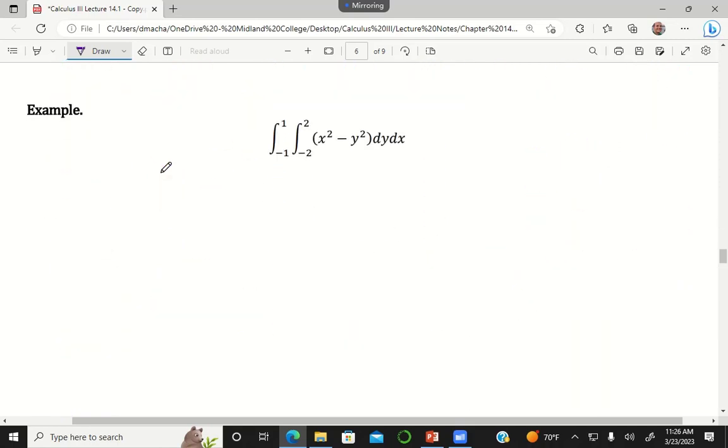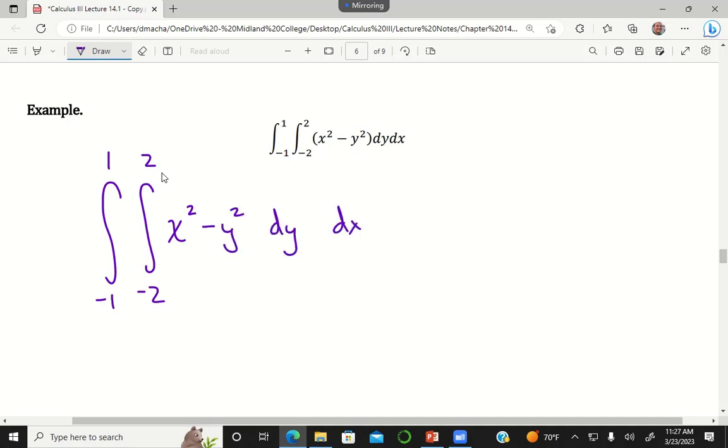Okay, so let's do this example. I've got the integral from -1 to 1 of the integral from -2 to 2 of x squared minus y squared dy dx.